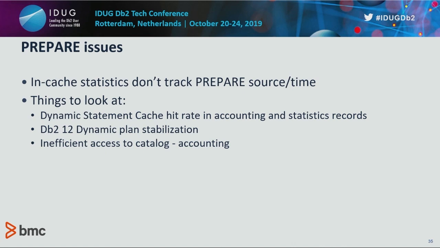As you get into DB2 12, you can also look at a new capability where you run a workload. You capture that workload of dynamic activity, including the access path information. You can actually harden that information out to the catalog such that the dynamic performs a lot more like static the next time a prepare happens.